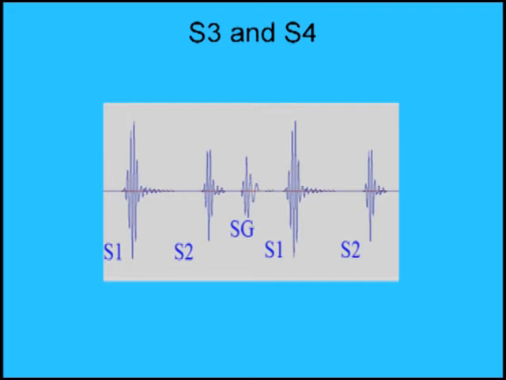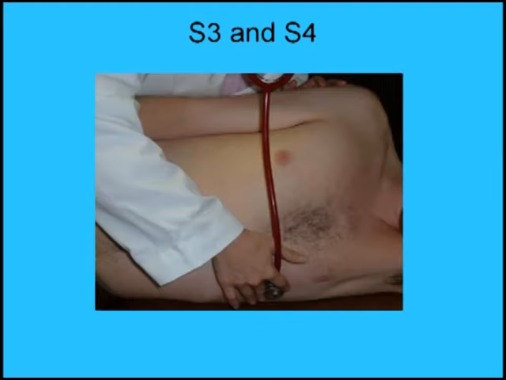Listen to a patient with a summation gallop. I will start with 3 normal beats and then add the summation gallop. Summation gallops are usually heard best at the cardiac apex with the patient in the left lateral position.